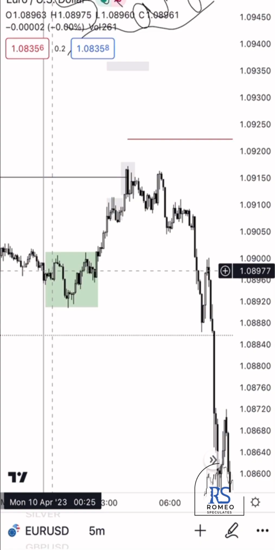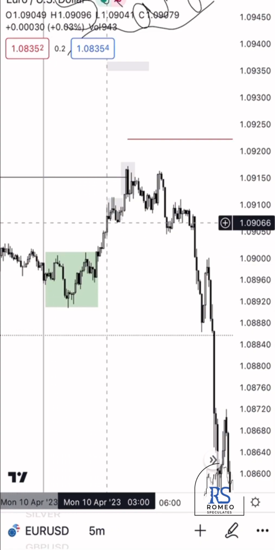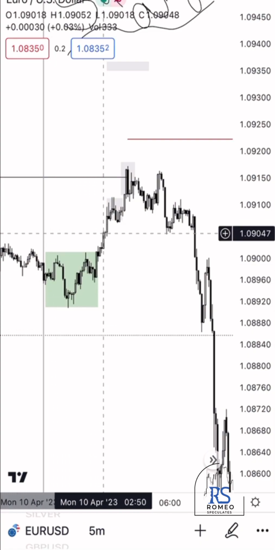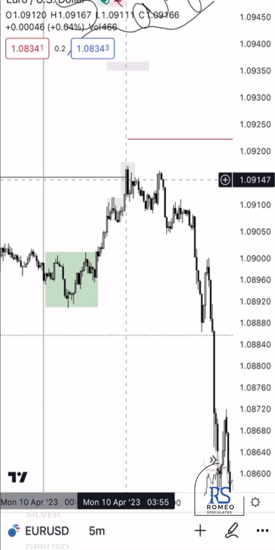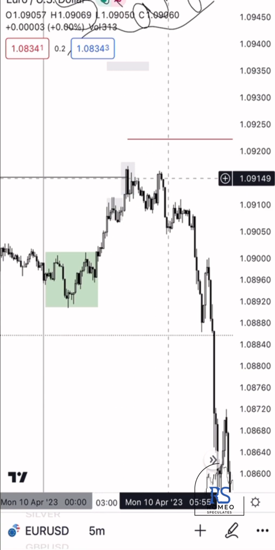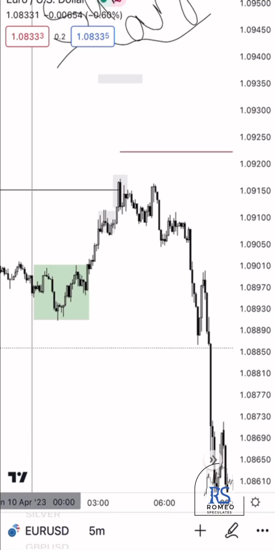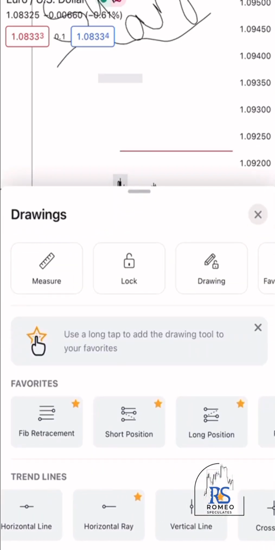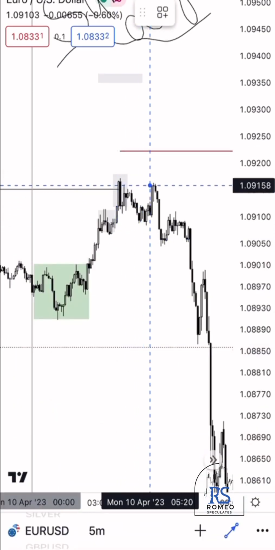Accumulation, climbing in the shape of a market maker model, stopping at a higher time frame PD array with an SMT, and that birthed the trade idea, which was over there today.